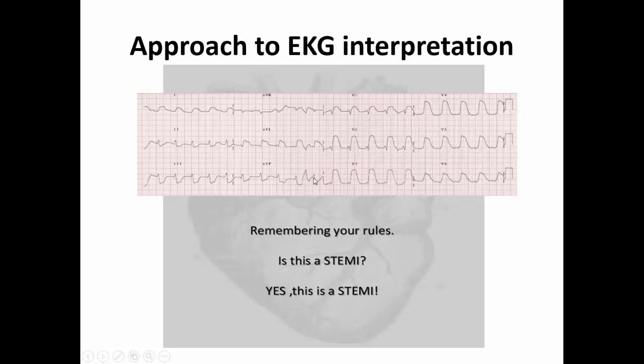But when we talk about ST elevation, there's massive ST elevation from V1 all the way through V6. There's ST elevation in 1 and AVL, and then pretty marked ST depression in the inferior leads. So this is definitely a STEMI. This is probably a left main lesion, with the anterior part of the heart, the septum, and the lateral part of the heart involved. So this patient definitely needs the cath lab right away.